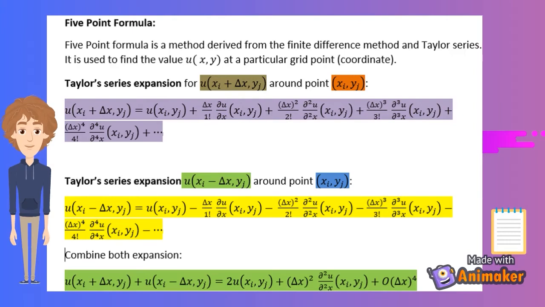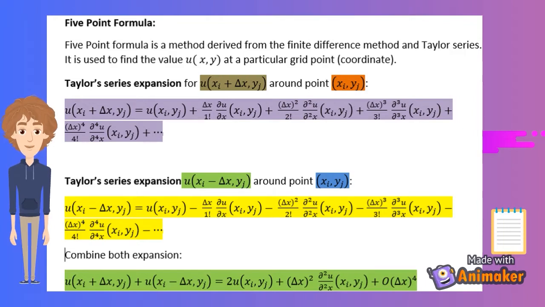To derive the 5-point formula, first we will take a look at the Taylor series expansion around point (xi, yj). There are two of them. The first one is the Taylor series expansion for u(xi plus delta x, yj), and the second one is the Taylor series expansion for u(xi minus delta x, yj).